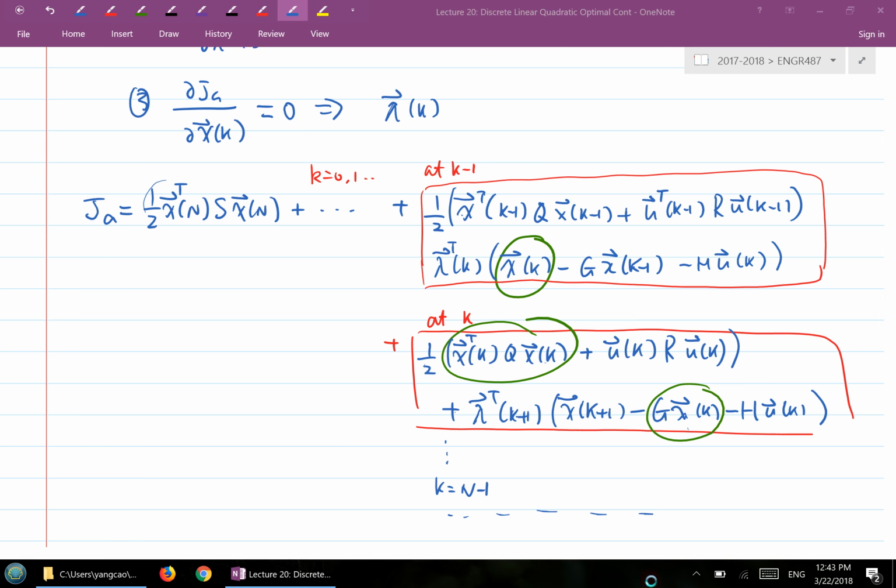It's like, what's the derivative of 2x? You get a 2. But this is a matrix here, so this is a transpose, and after the derivative that transpose is gone. So for the second one here, this is 1/2 x transpose Q x, and that derivative you get plus.